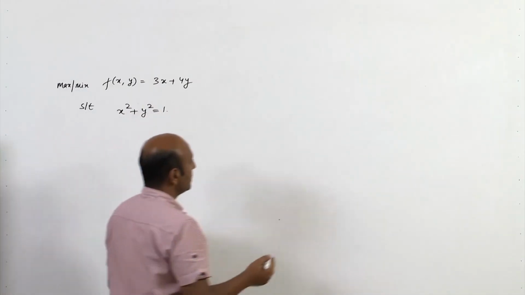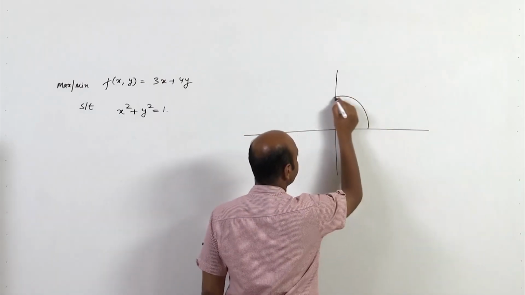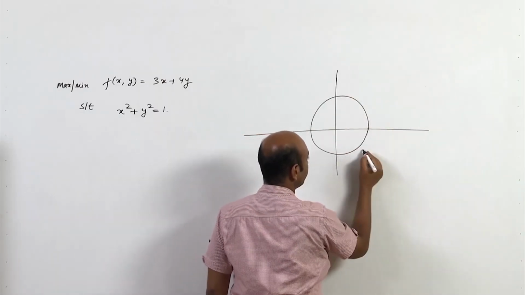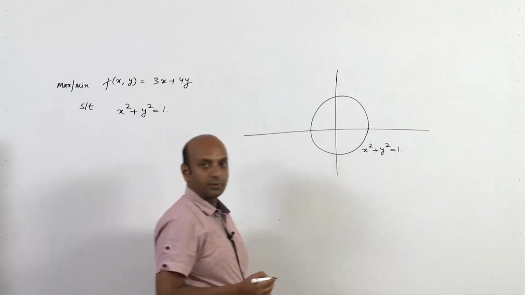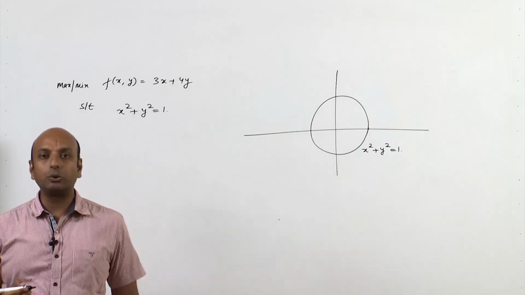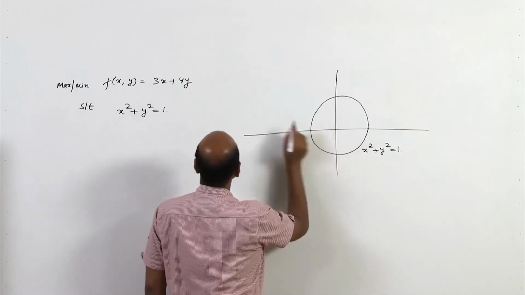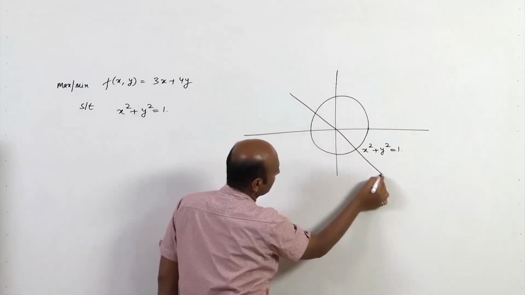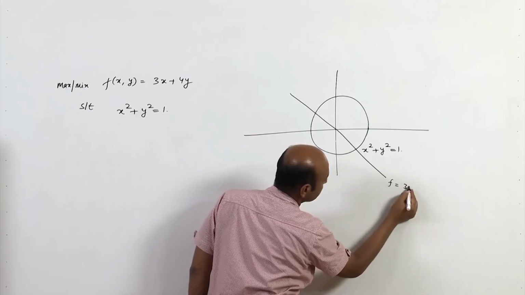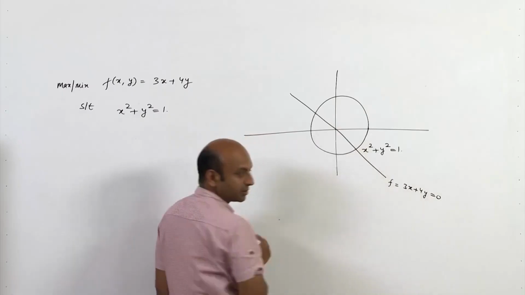So, this is our g. Now, let us draw different contours of f. This is a straight line basically, and f equal to 3x plus 4y is 0 here, because it is passing through the origin.